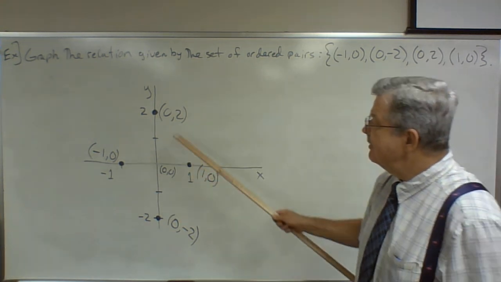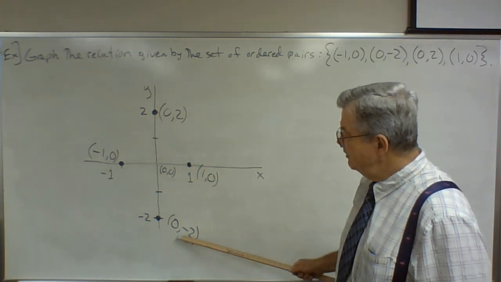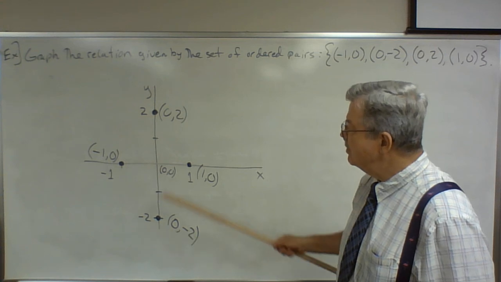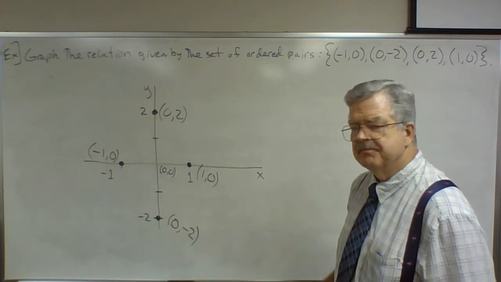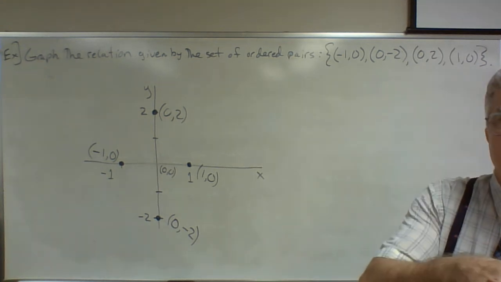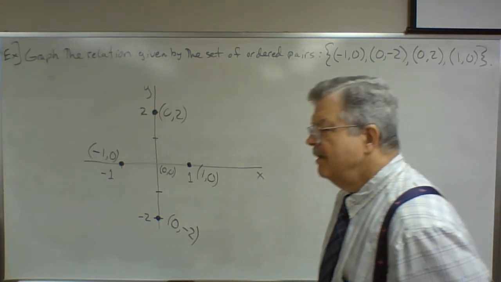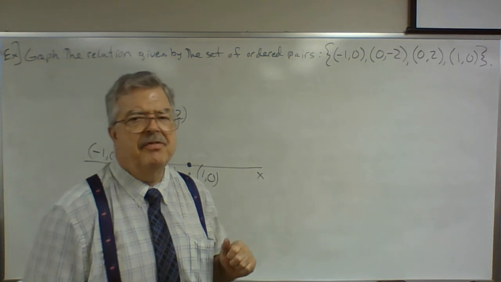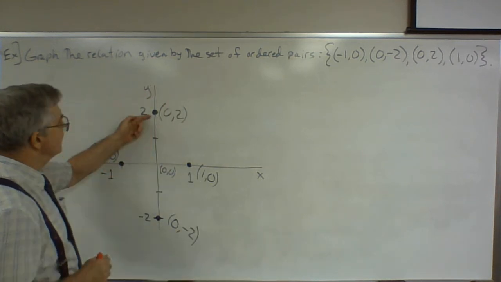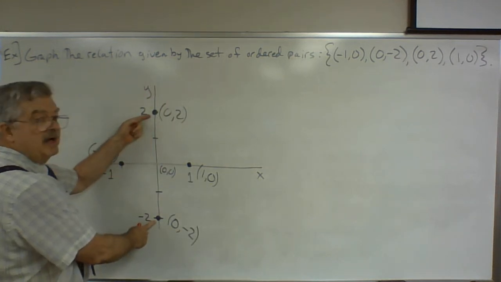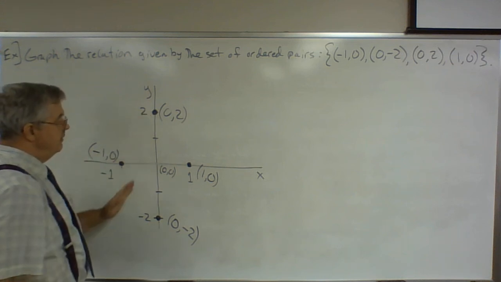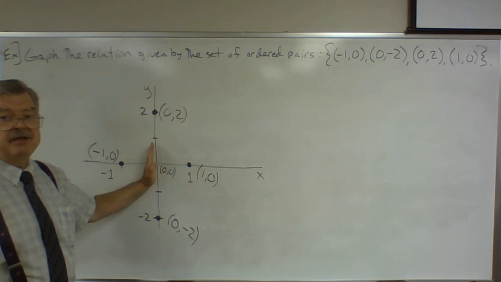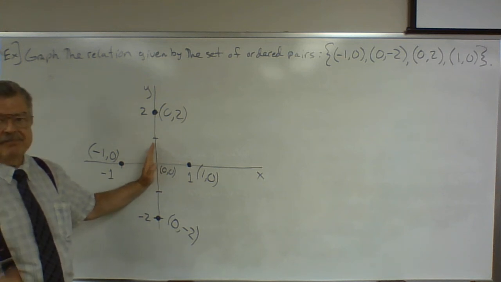And sure enough, this point and this point, both of which have an x-coordinate of 0, are on the y-axis. Now, the big thing about this is that these 2 points lie on the same vertical line. That vertical line happens to be the y-axis in this case.